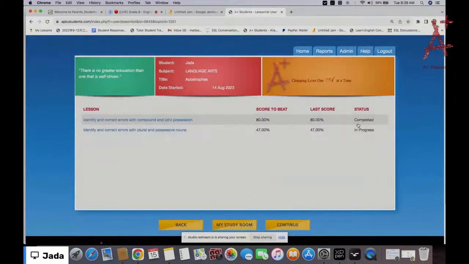But once you're done and you do not get any more wrong, it's definitely going to show you 100. The last one shows in progress because I am not done yet. We didn't finish the test. Once you finish the test, you get your answers and everything correct.